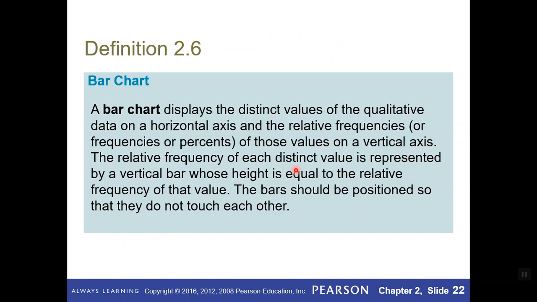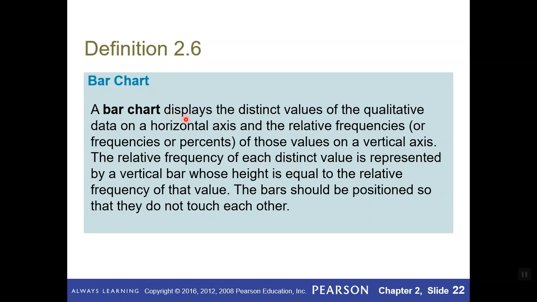So hope you have identified up to this point what the charts and frequency distributions are, how we deal with qualitative data. There is another chart we call bar chart we use to display this qualitative data.